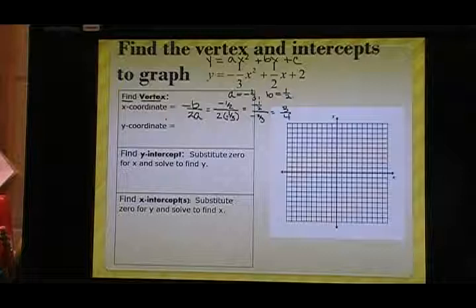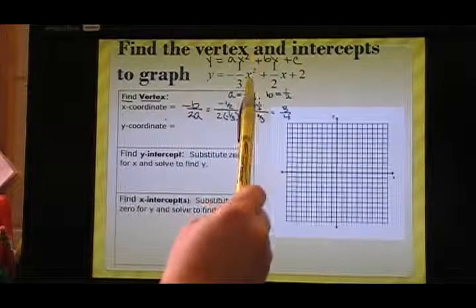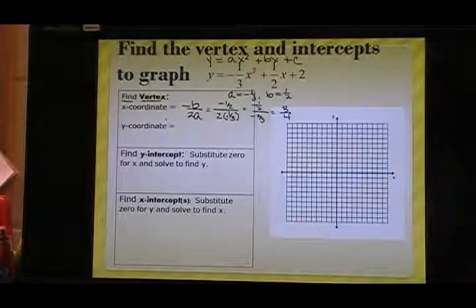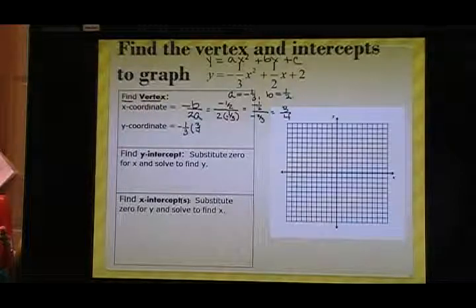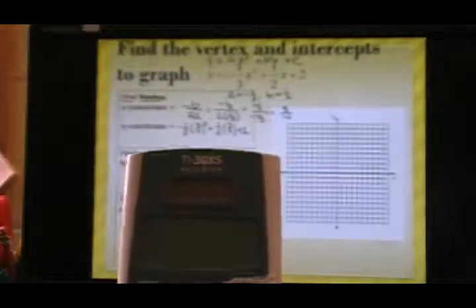Once we have the x-coordinate, then we substitute that back in. So we're going to take our 3/4 and substitute it back in for x to find the corresponding y-coordinate. So my y-coordinate is negative 1/3 times my 3/4 squared plus 1/2 times 3/4 plus 2, and again, just do it on the calculator so you don't have to worry about messing it up.